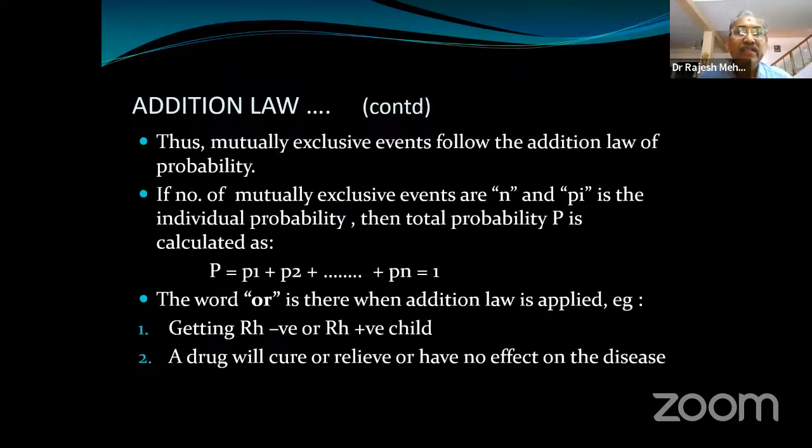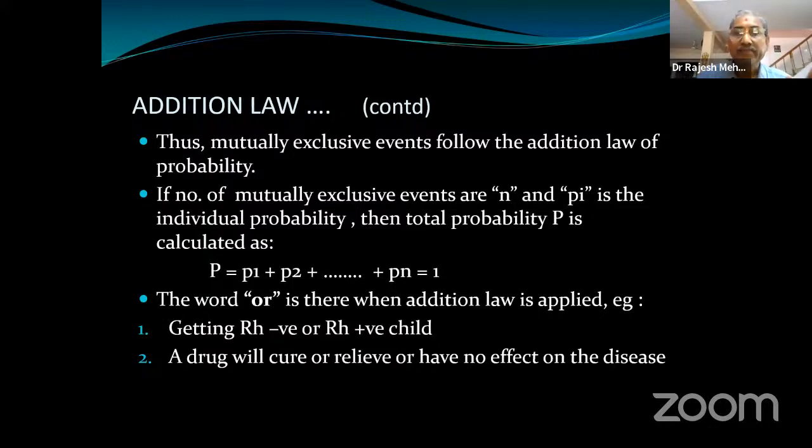And if there are, let's say, n events and pi is the individual probability, that means p1, p2, p3 like that, the total probability should be 1. If there are only two possible outcomes, then p1 plus p2.